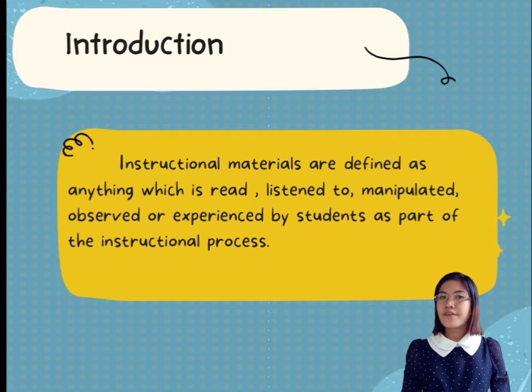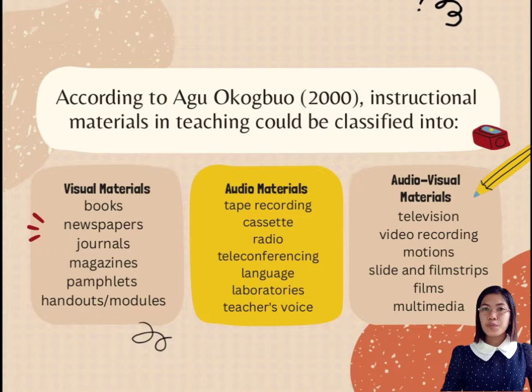Instructional materials are defined as anything which is read, listened to, manipulated, observed, or experienced by students as part of the instructional process. It also defines a variety of materials in any format which influence the students' learning and the teacher's teaching. According to Agu Okubu in 2000, instructional materials in teaching can be classified into visual materials, audio materials, and audiovisual materials.